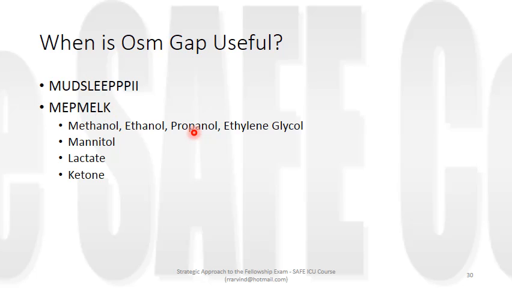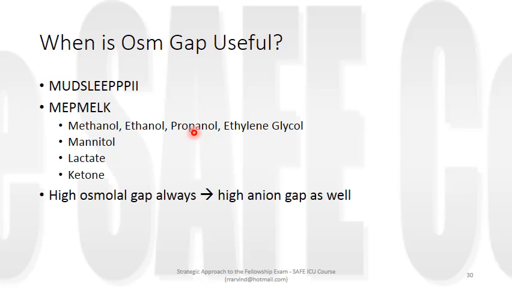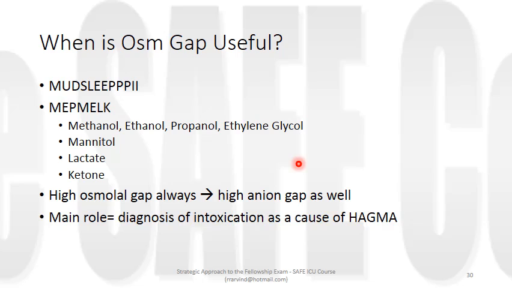A high osmolar gap will always result in a high anion gap as well, because all of these substances that cause an osmolar gap are anions as well. So it will result in an increase of unmeasured anions, and therefore will result in a high anion gap. The main role therefore is in the diagnosis of intoxications, particularly alcohol intoxications, as a cause of the high anion gap metabolic acidosis.